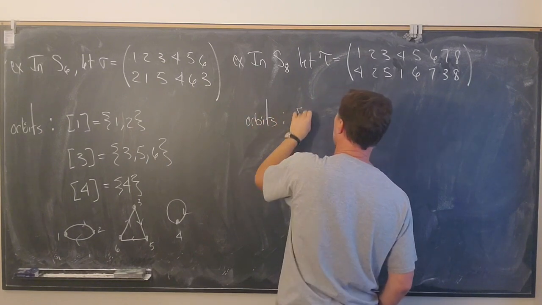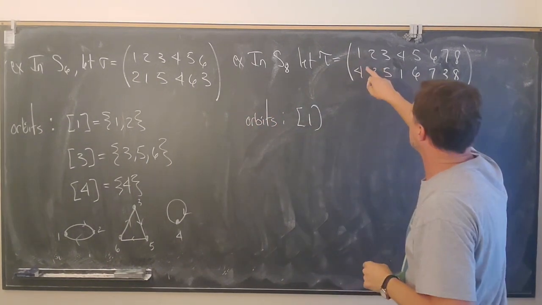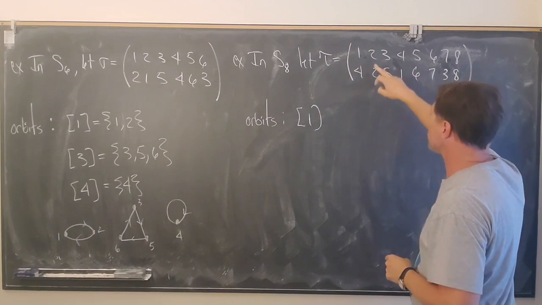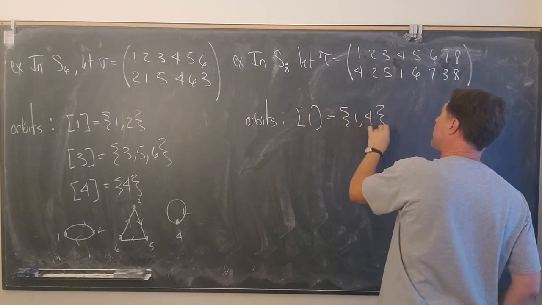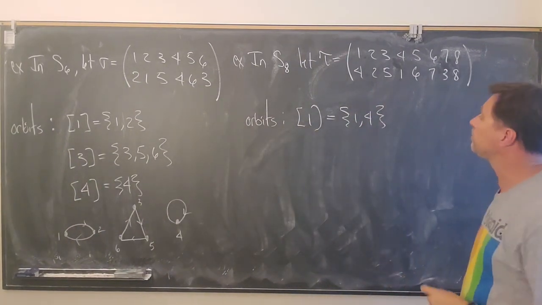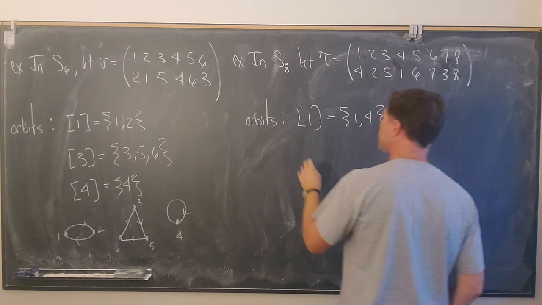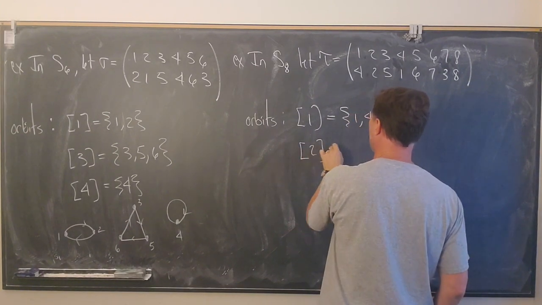So let's look at the orbit of 1. 1 goes to 4, which goes back to 1, which goes to 4. So 1 and 4 just bounce back and forth as you repeatedly apply tau. The orbit of 2, well, that looks like it's just 2.